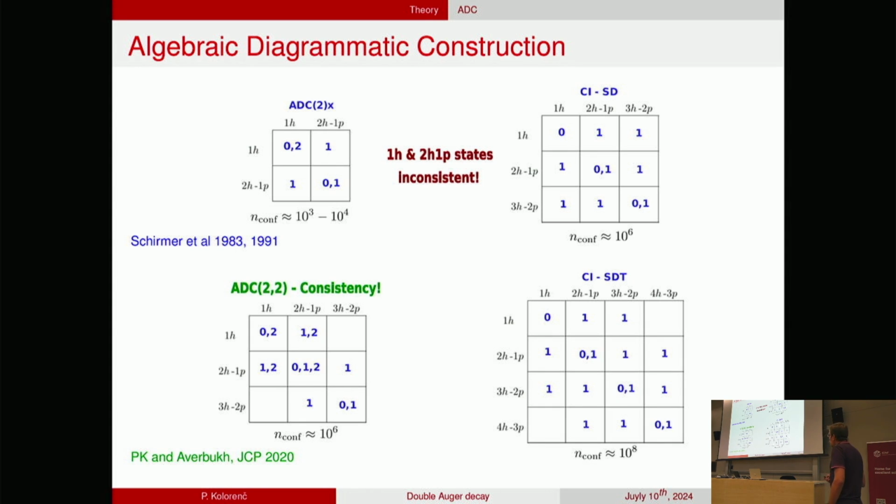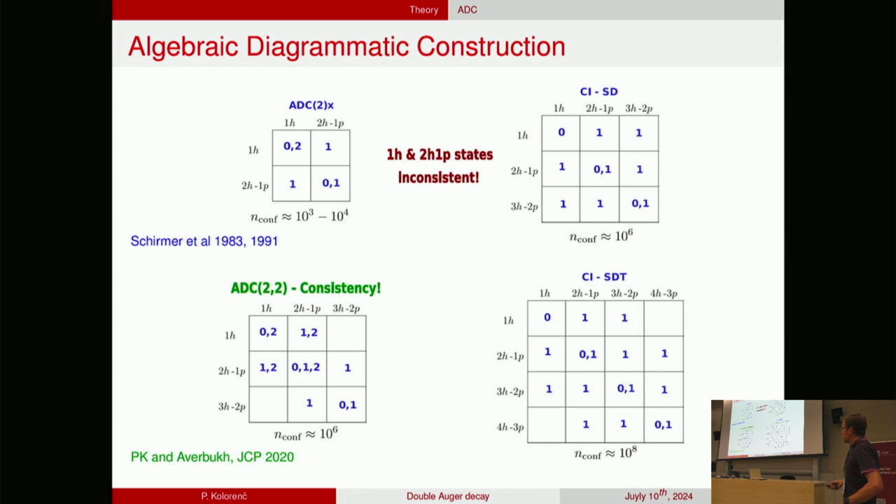It allows actually to develop a scheme in which the Hamiltonian matrix is such that the one hole ionization main state and two hole one particle ionization satellite states are described consistently through second order of perturbation theory, which is very good if you want to evaluate this coupling for the decay width function, because you start with a single hole wave function and you end up with two hole one particle, where this one particle is some continuum like orbital.